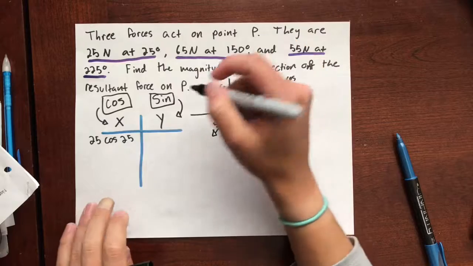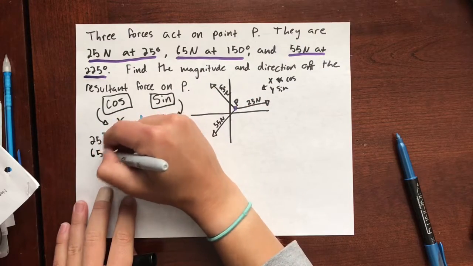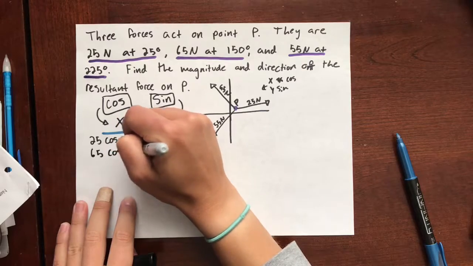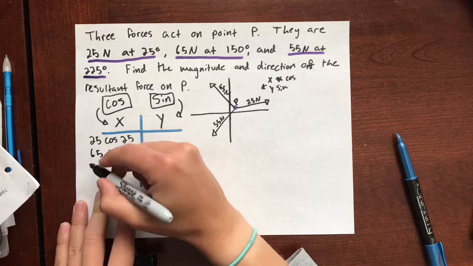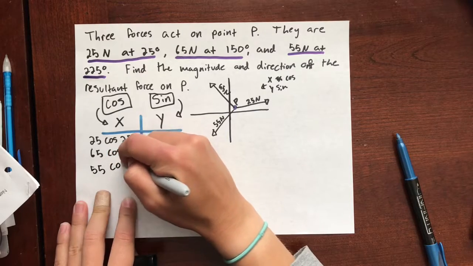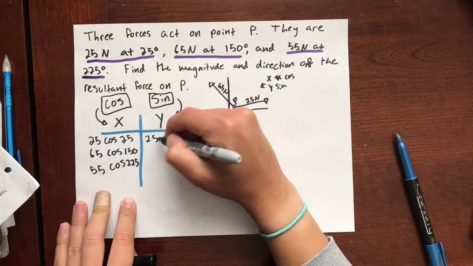And so our next one is going to be 65 cosine 150, because that's our value right here. And then 55 cosine 225. And then the same thing for this side, except you're using sine.